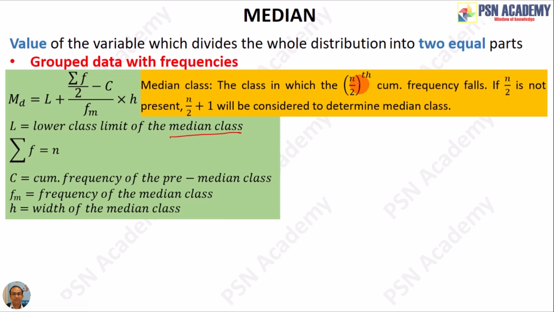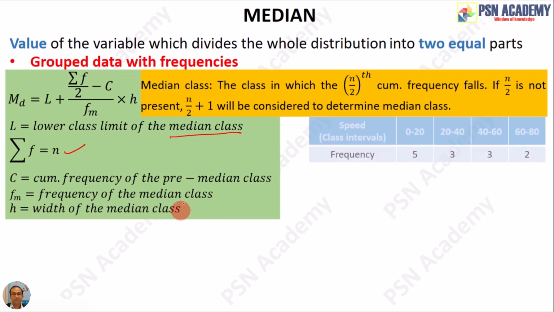Now if you do not find this n by 2th cumulative frequency in your dataset, then you can take the next cumulative frequency to the computed value. Here you know that summation of f is actually n, and c is the cumulative frequency of the pre-median class. That means the class which is previous to the median class. And fm is the frequency of the median class, and h is the width of the median class.